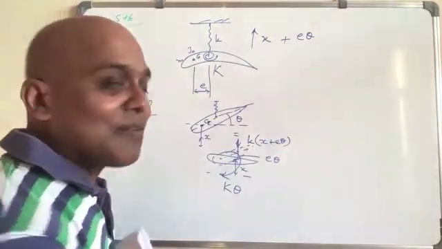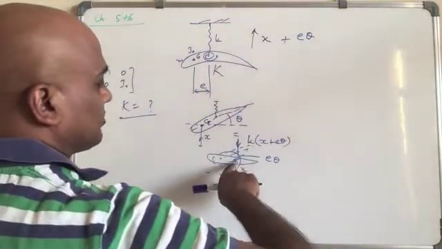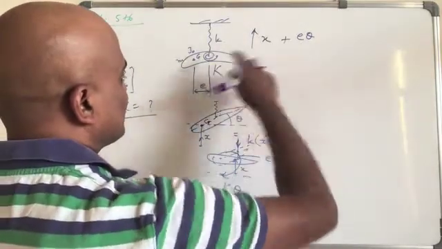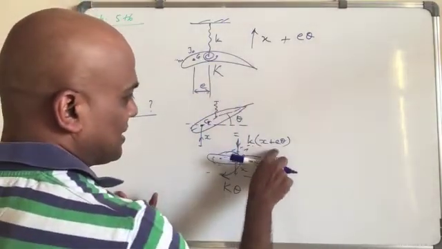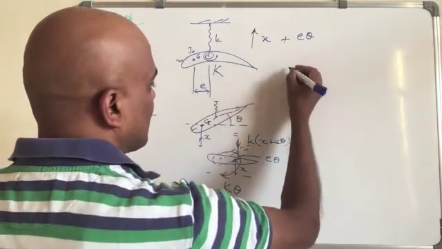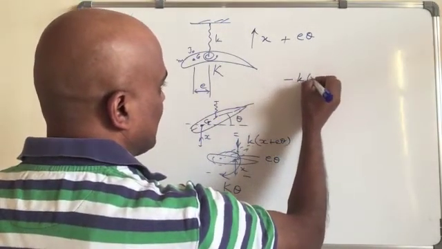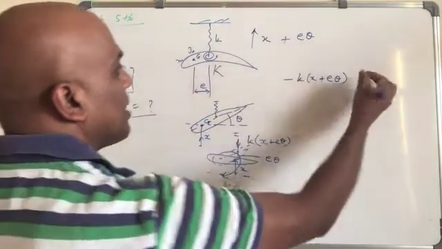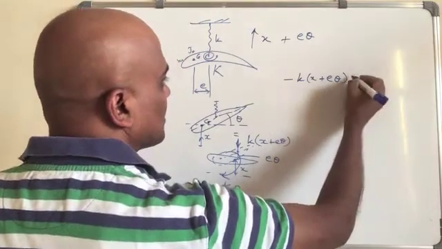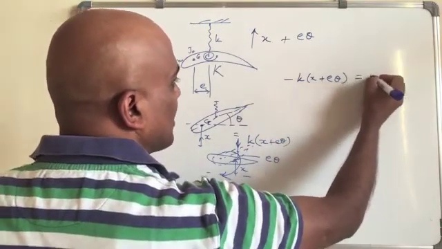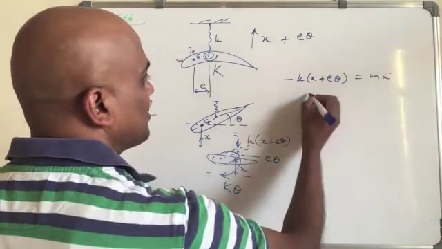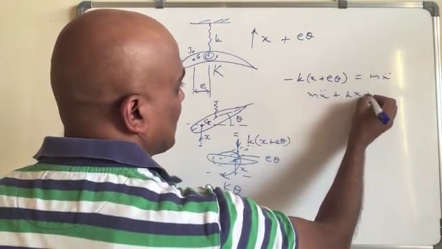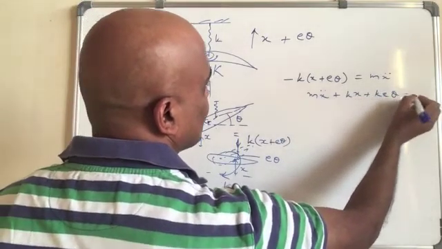Now the equation. How do you write the equation? Vertical vibration first. What do you get? The total force here is K, which is downward. So minus k times x plus e theta is the vertical force, which will be equal to m x double dot, and hence you get m x double dot plus kx plus ke theta equal to 0.